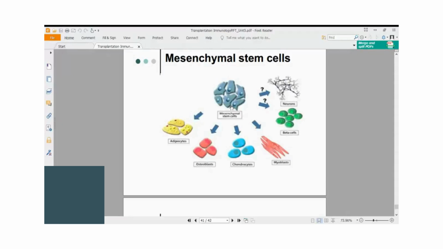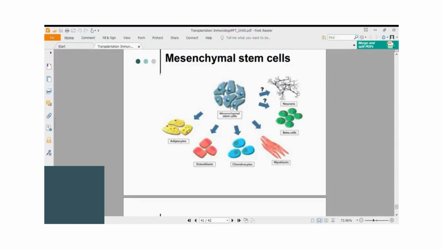Okay, but one important point that you must remember is stem cells do not express MHC. Any stem cells you take, whether it is ectodermal or mesodermal or endodermal stem cells or adult tissue stem cells, none of them express MHC.